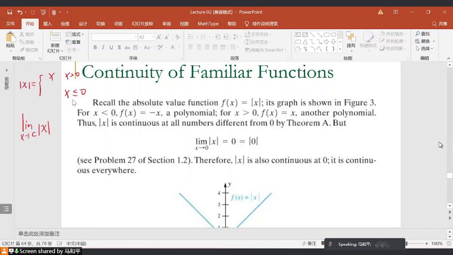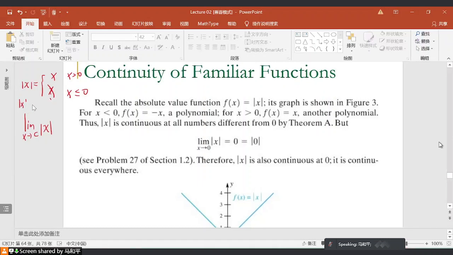If x is less than 0, it is equal to what? If you write x, this means this one is equal to this one, right? But they are wrong. It's equal to what?